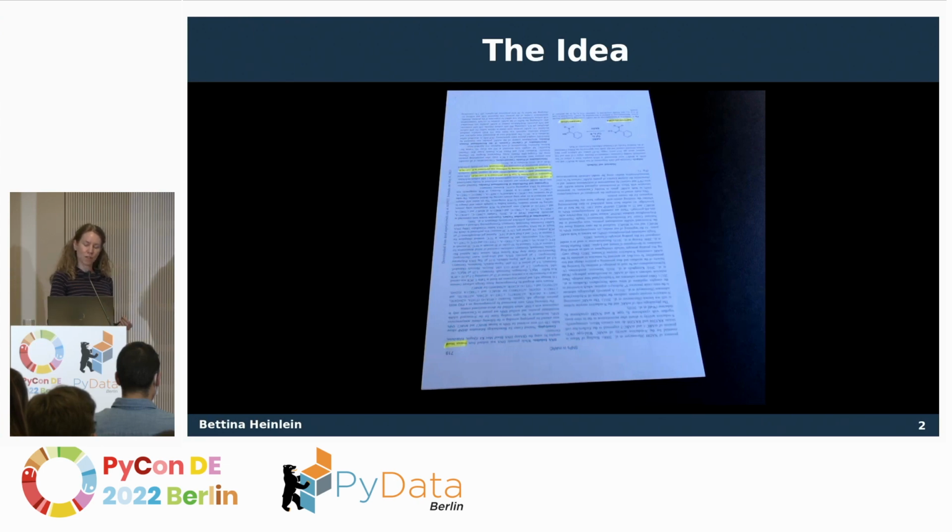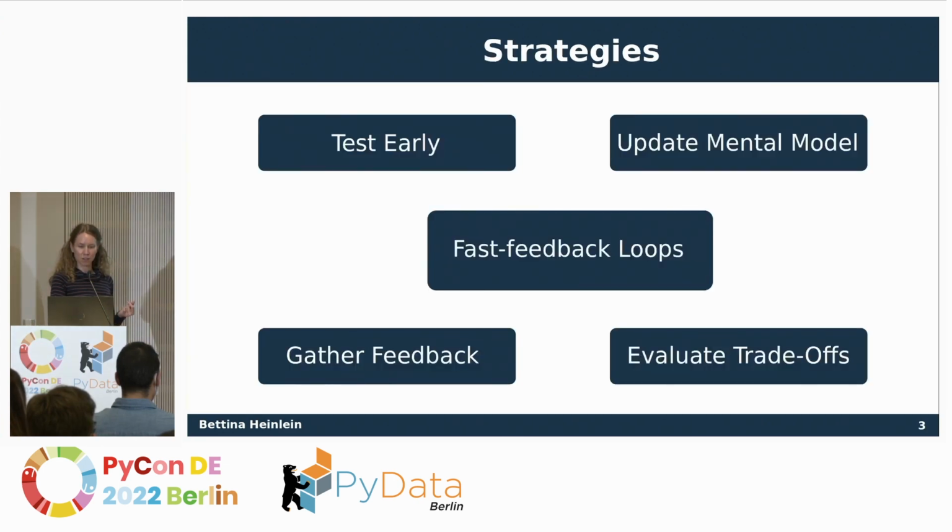Okay, so the central idea I would like to highlight is that using fast feedback loops and some additional strategies that supplement this helps to find faster solutions to many tasks.